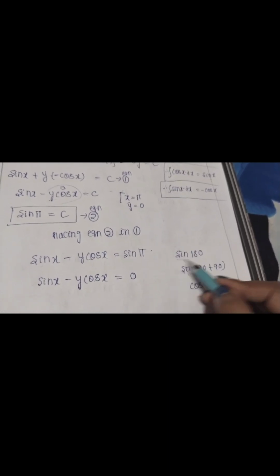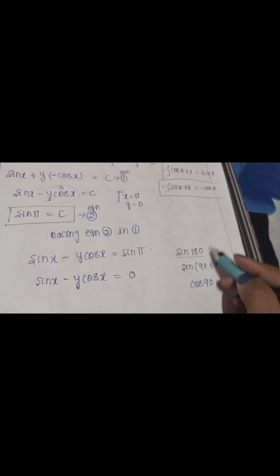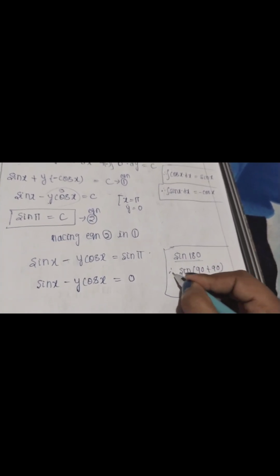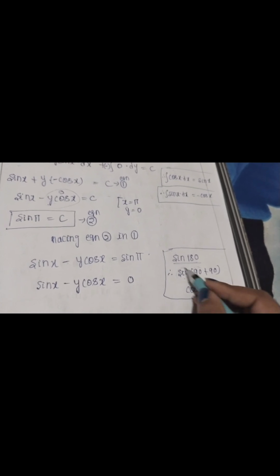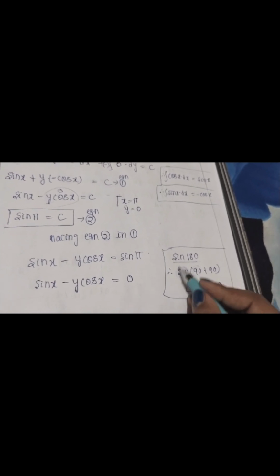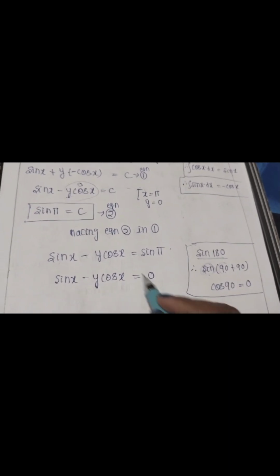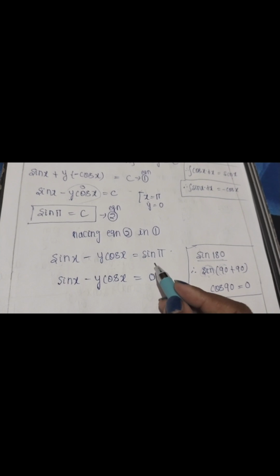So finding the sin 180 value without a calculator, here I have mentioned in this block. So with 90, this trigonometric value will change to cos. So this is the value of sin pi, and this is our final answer.